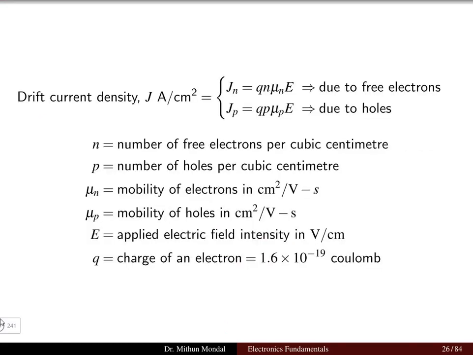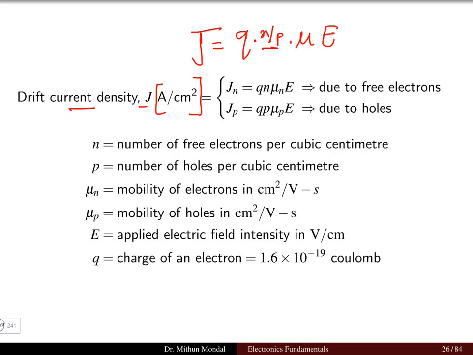So drift current density J, in unit ampere per centimeter square, is given by, overall the formula can be remembered as J is equal to q into charge particle concentration, whether it is electron or the holes, into mobility multiplied by the electric field.